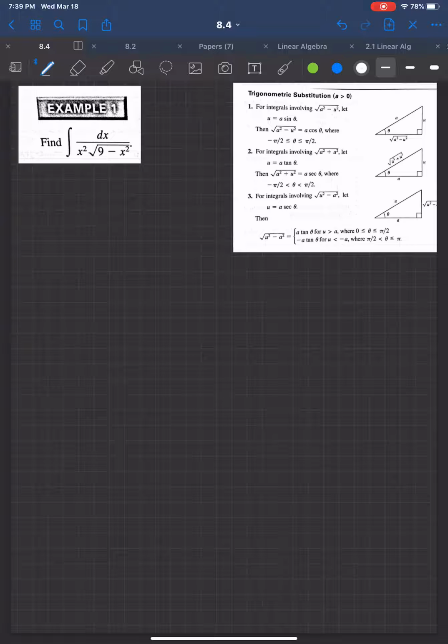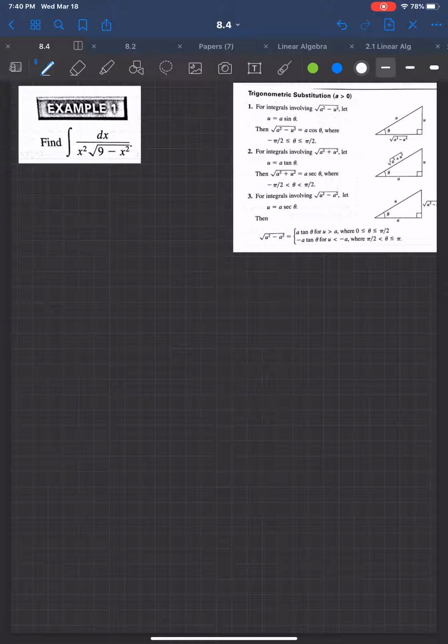Again, take some better notes, because it's going to look confusing if you don't know your right triangle trigonometry. But if you understand your right triangle trigonometry and the relationship between the three sides of a right triangle, and the ability to recognize that relationship, then this goes pretty smoothly.